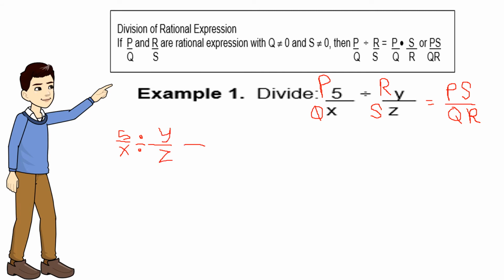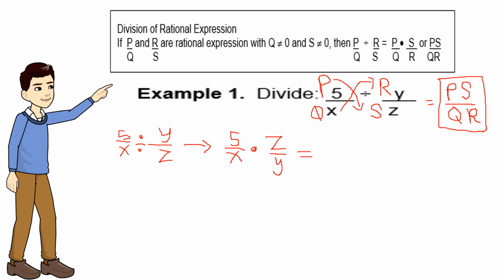So, ang rule dito ay we have 5 over x. Ita-times natin ito sa reciprocal, kabaliktaran. Babaliktarin natin yung y over z, magiging z over y. And so, same lang siya dun sa ating rule na PS and QR. Ayan, parang P and S doon ang minultiply and ito naman doon minultiply.